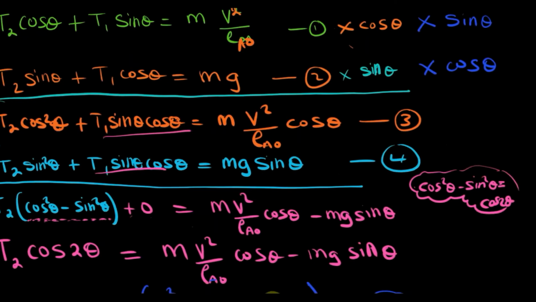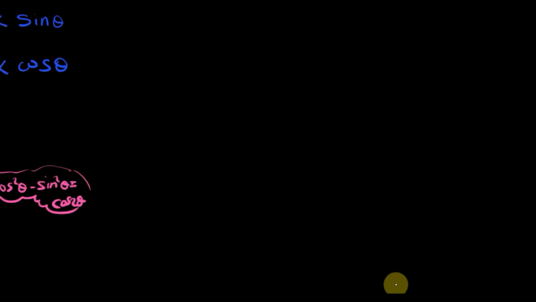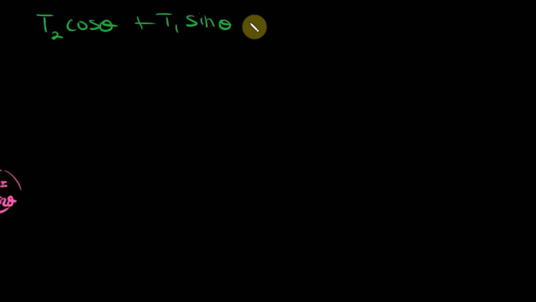T2 cos theta. Okay, write it down here. T2 cos theta plus T1 sin theta is equal to mv squared over LAO.